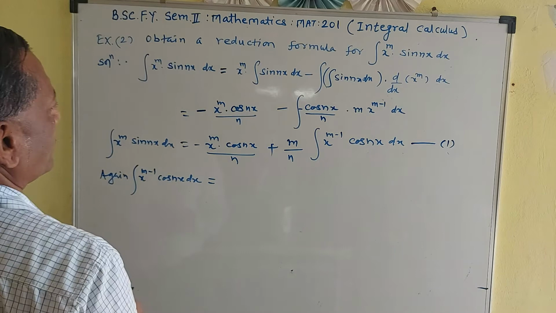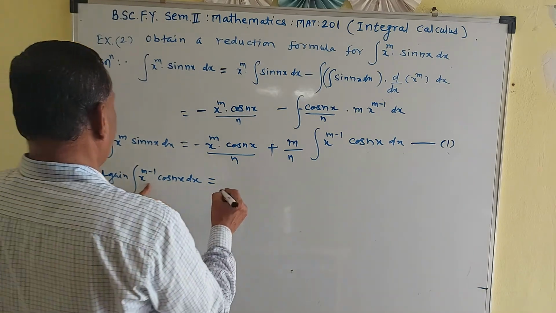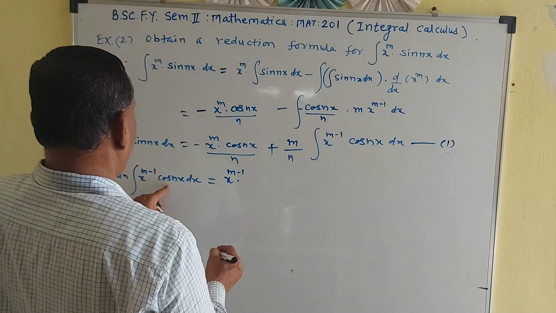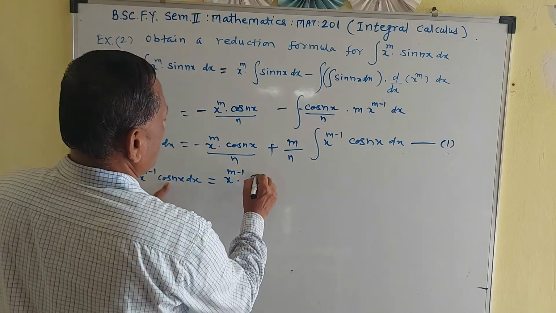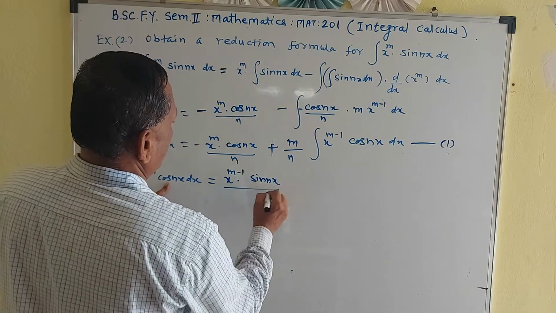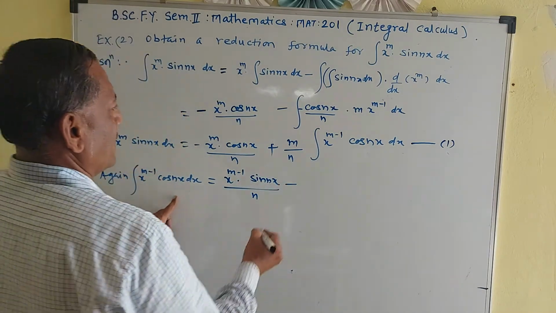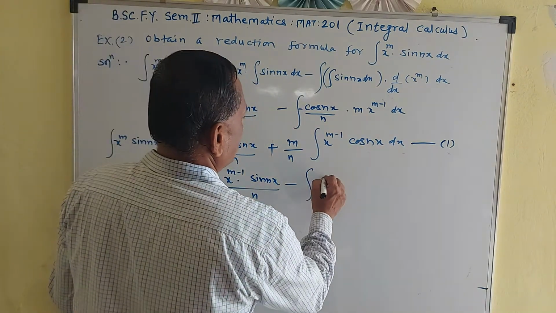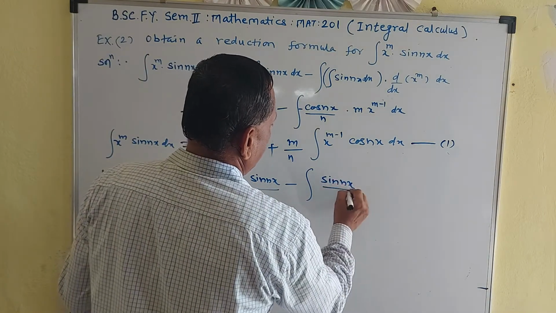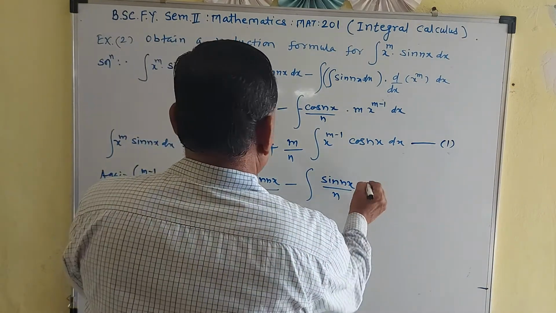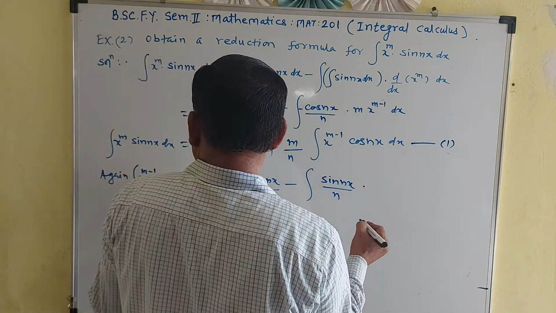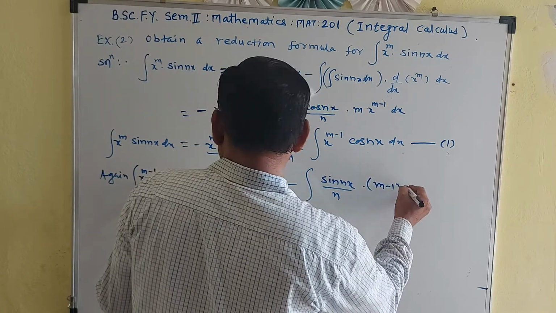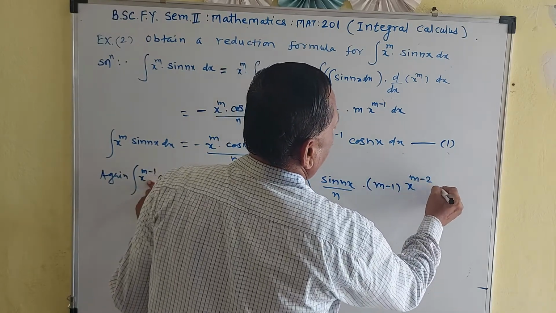making use of integrating by parts, x raised to m minus 1 is the first function into integration of cos nx, which is sin nx upon n, then minus integration of sin nx upon n into derivative of x raised to m minus 1, that is m minus 1 into x raised to m minus 2 dx.